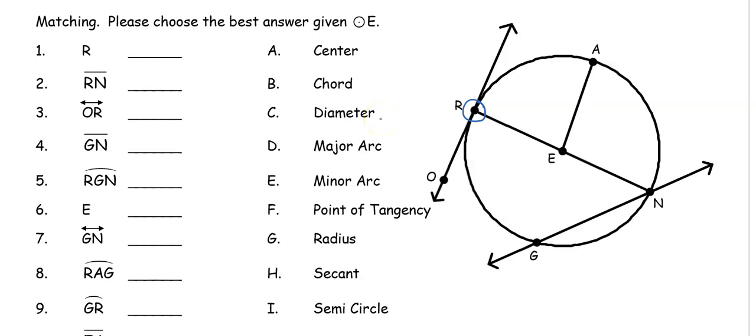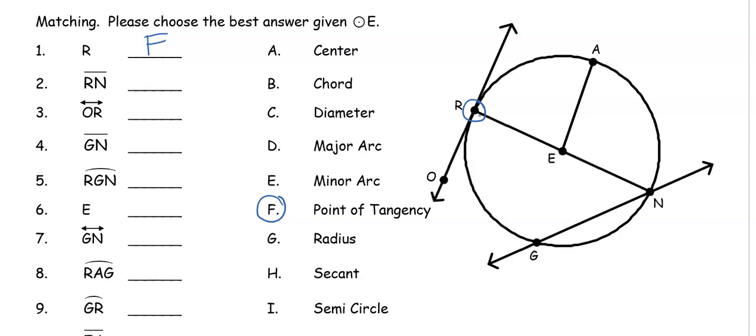A diameter is a segment, two letters. It's not an arc. We don't have our arc symbols. Here we go. We've got the point of tangency. Remember what tangency is? A tangent is when we have a line that's only touching our circle at one point. The point that it's touching is right there at R, so R is the point of tangency.